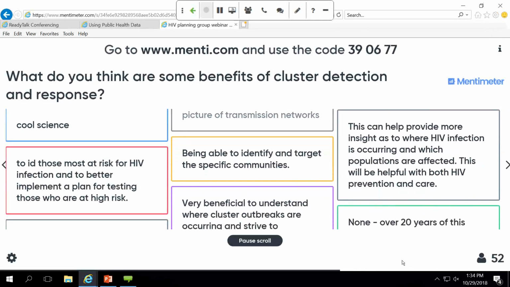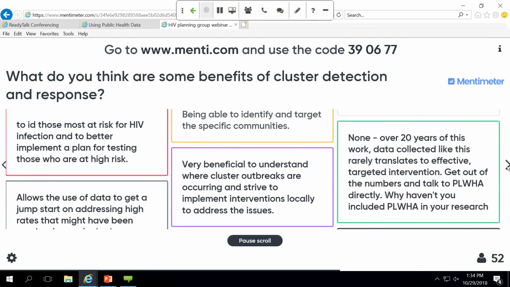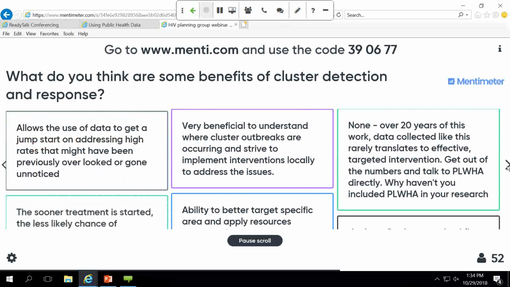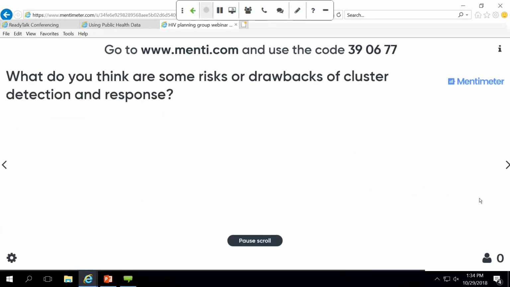Great. So if you're in the middle of typing, please feel free to continue typing and hit submit. In the meantime, I'm just going to go ahead on to the next question. Thank you guys so much. All right, the next question is, what do you think are some risks or drawbacks of cluster detection and response?